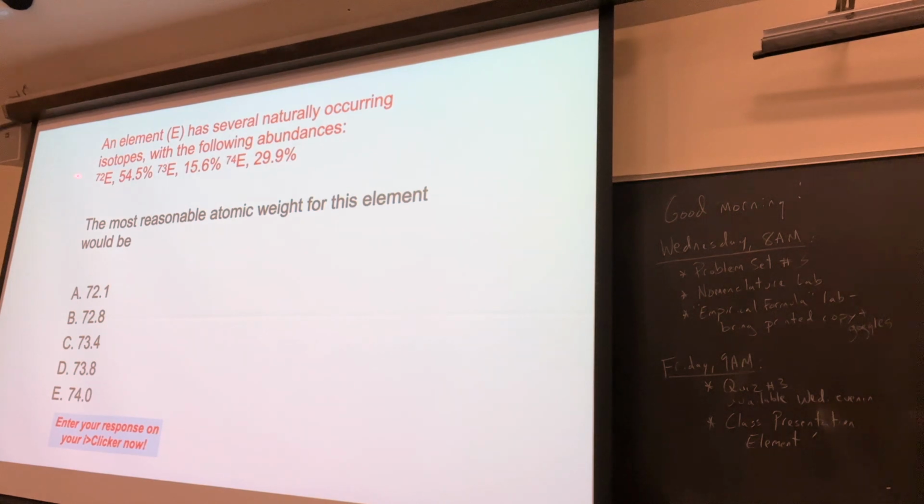And again, we've got 72, 73, and 74 right here. Using that information, see if you can predict which one is the most likely atomic mass. This would be the red numbers on our periodic table. All right, how they got a red number for this element.